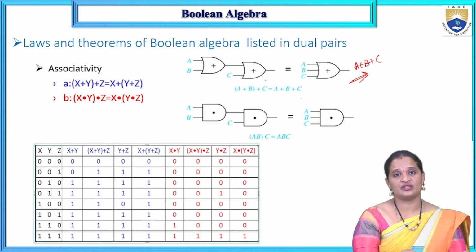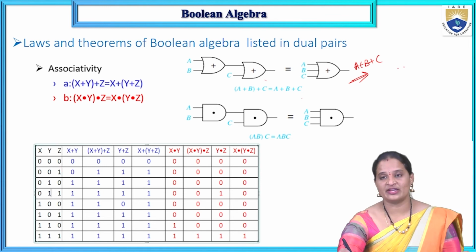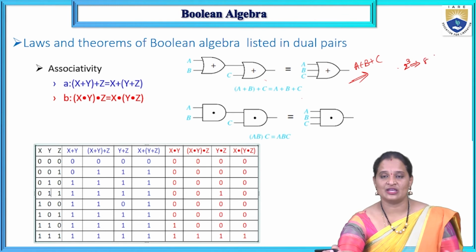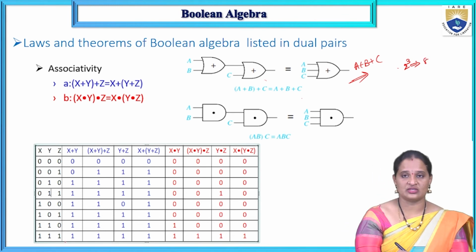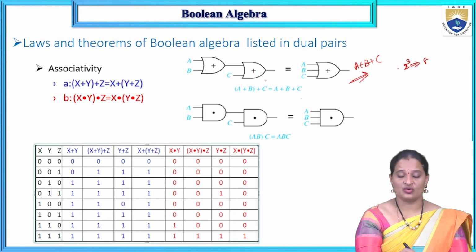As we have 3 binary variables x, y, z, we have 2 to the power 3, that is 8, combinations for the input variables, and all the 8 combinations are listed here.